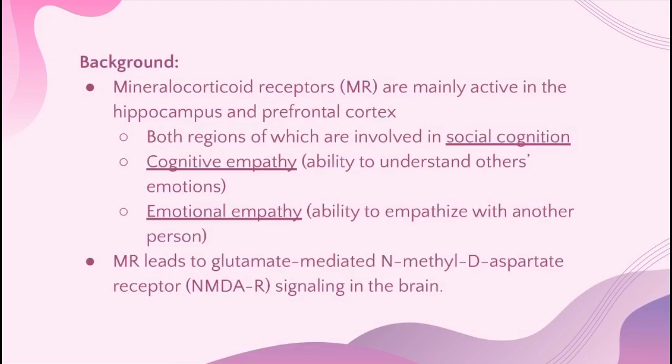Cognitive empathy is the ability to understand others' emotions. Emotional empathy is the ability to empathize with another person. MR, or mineralocorticoid receptors, lead to glutamate-mediated N-methyl-D-aspartate receptors signaling in the brain. This can be shortened to NMDAR.